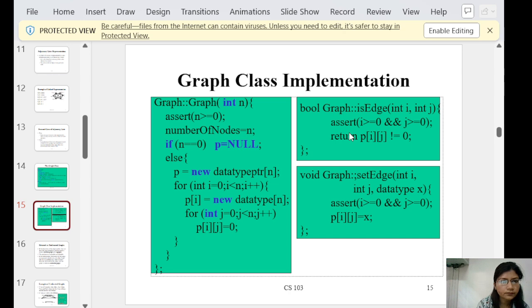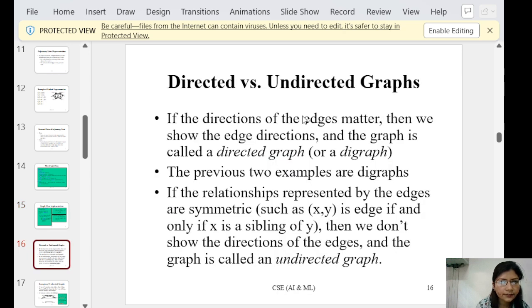Next, directed versus undirected graph. What is a directed graph? Basically, if the direction of the edges matters, then we show the edge directions, and the graph is called a directed graph or a digraph. The previous two examples are digraphs.